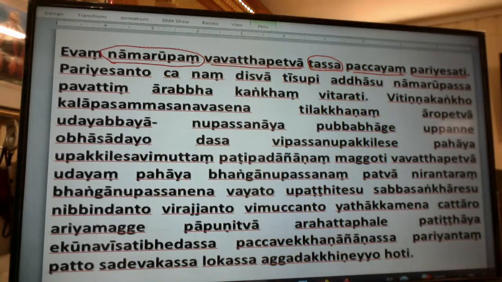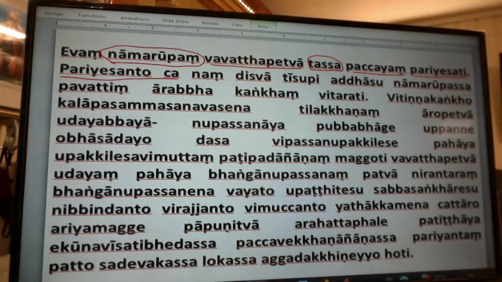These are the causes of namarupa. Anyway, later we will learn this also. Here it is just mentioned briefly. Purification is searching for the cause of namarupa.